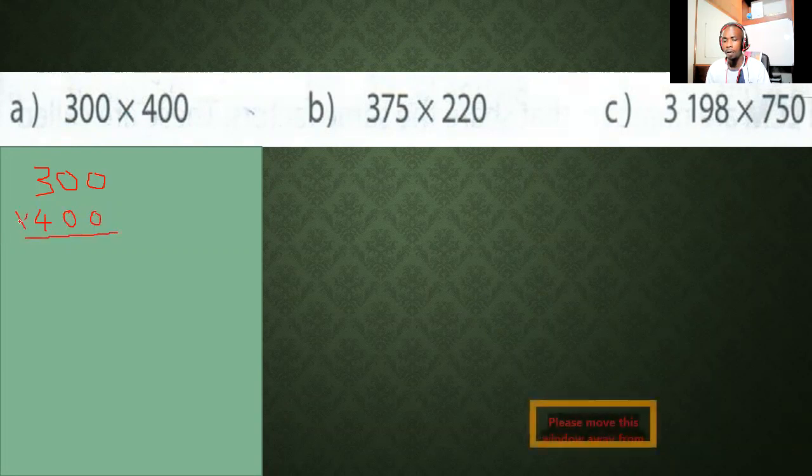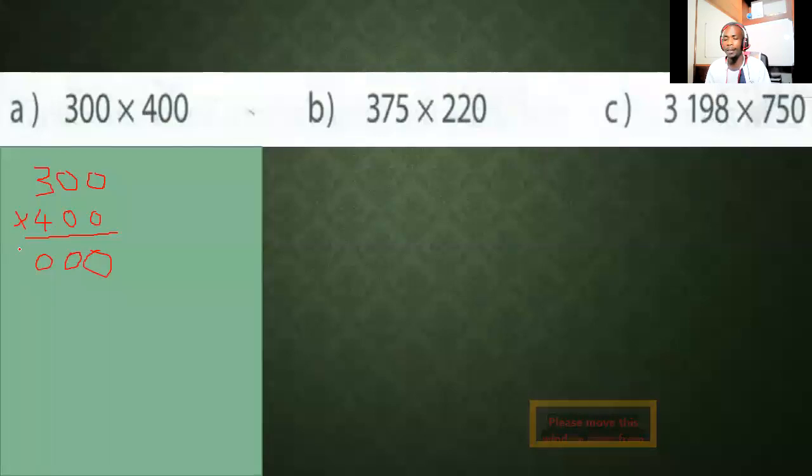Because we are multiplying by 400, we put our two zeros, which are placeholders. 1, 2. Then let's multiply. 4 times 0, it's 0. Any number multiplied by 0 is 0. 4 times 0, it's 0.